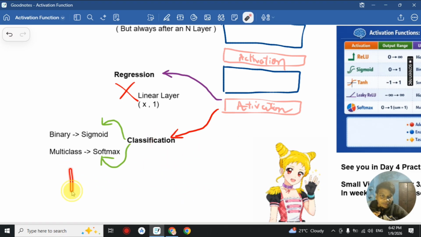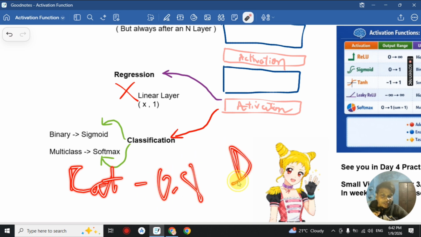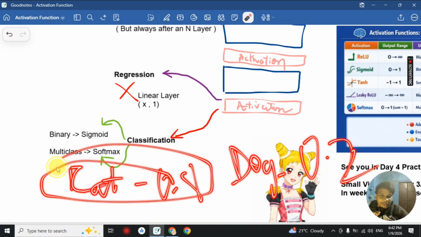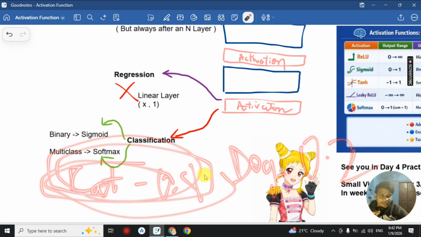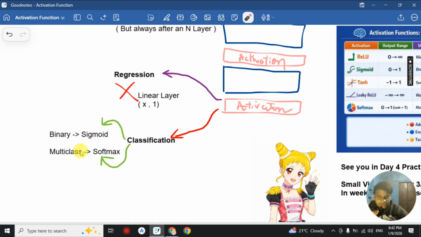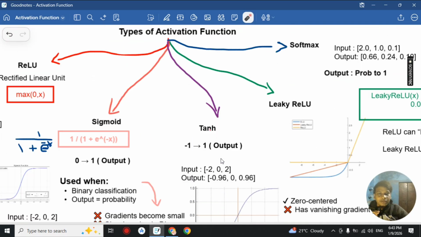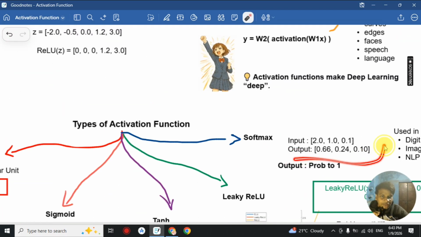For example, between cat and dog, if cat gets 0.8 and dog gets 0.2, between 0 and 1 we get the prediction as cat. This is how sigmoid is used. In softmax we get probabilities that always sum to 1, and whichever value gets the highest probability is the prediction in multi-class classification.